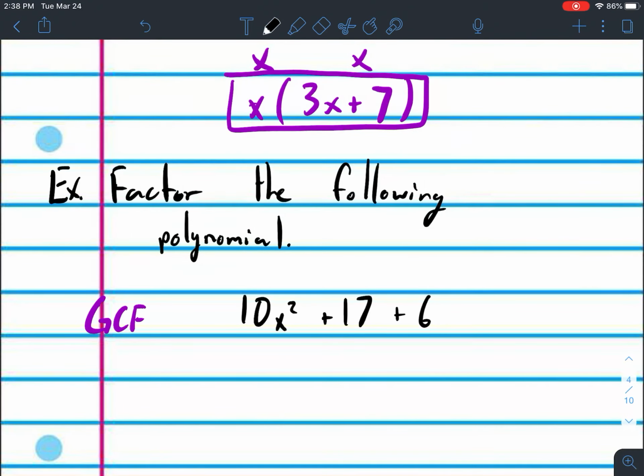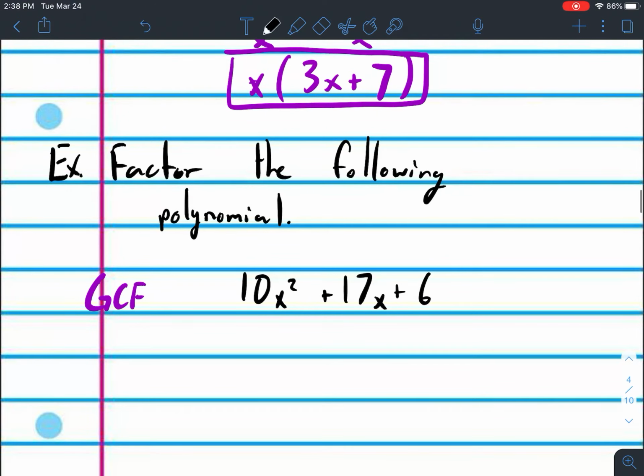Okay, so drop my x. All right, so GCF does not work. Let's do pink. GCF does not work. All right, with that being said, is this going to be umbrella or the Xbox? Umbrella method, because my leading coefficient is not 1.